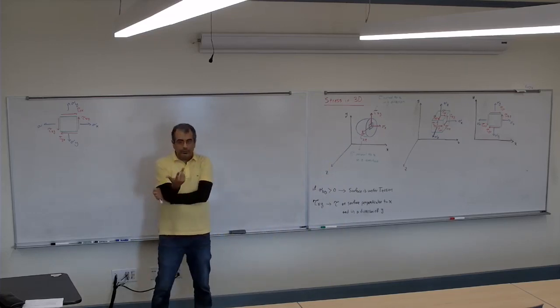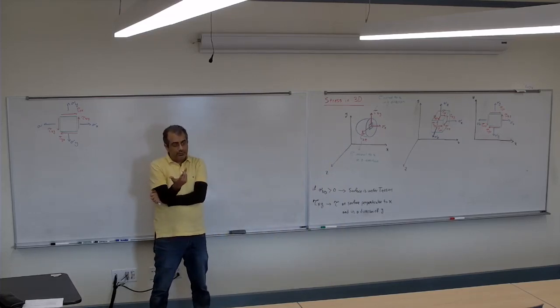So if I want to make sure it's in equilibrium, there are things I need to make sure of: it's not moving in the x direction, it should not move in the y direction, and it should not spin.